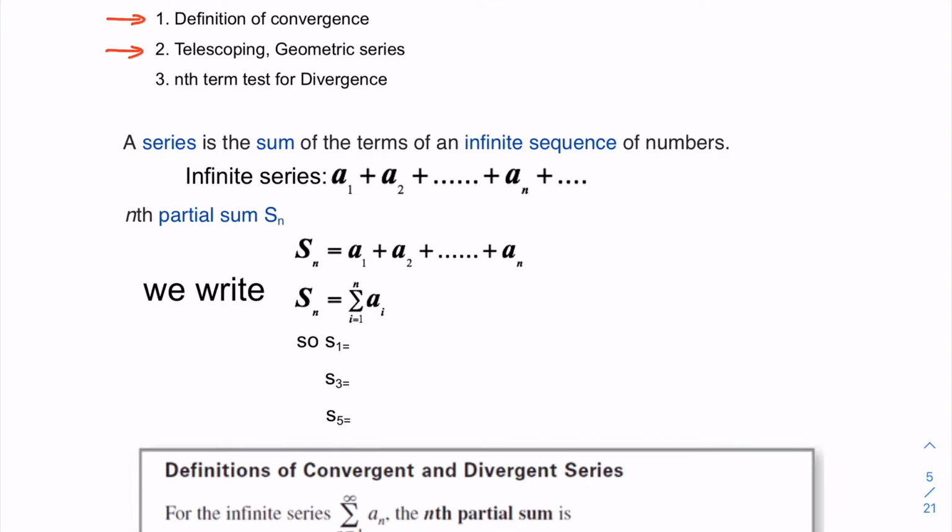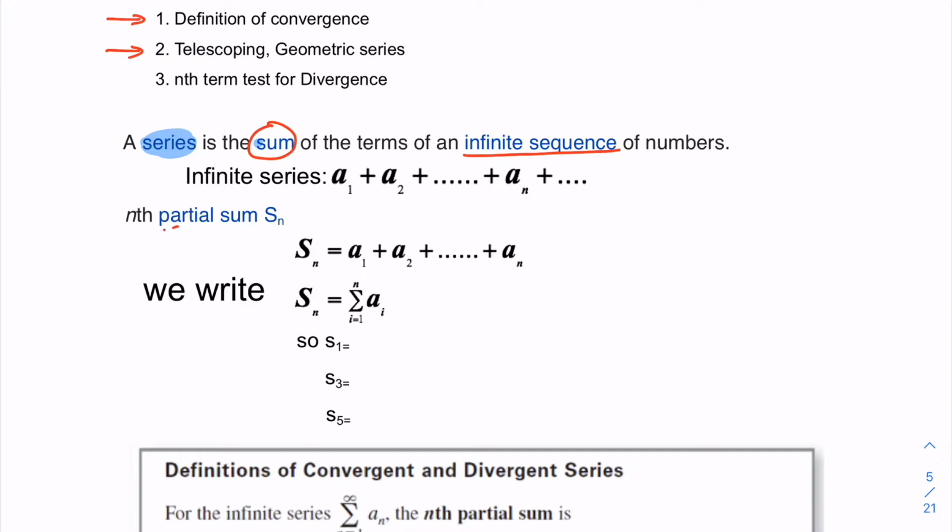So what's the definition of convergence for a series? First, what is a series? A series is the sum of the terms of an infinite sequence of numbers. So an infinite series is a1 plus a2 plus dot dot dot an.